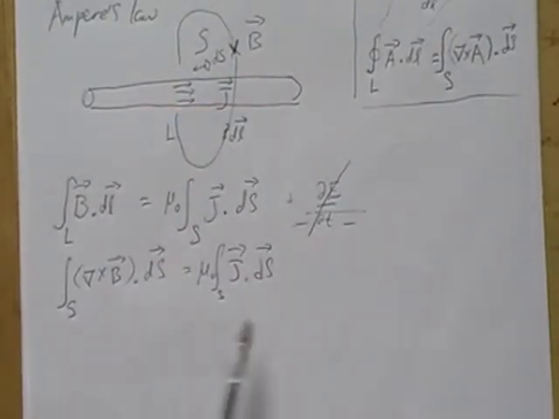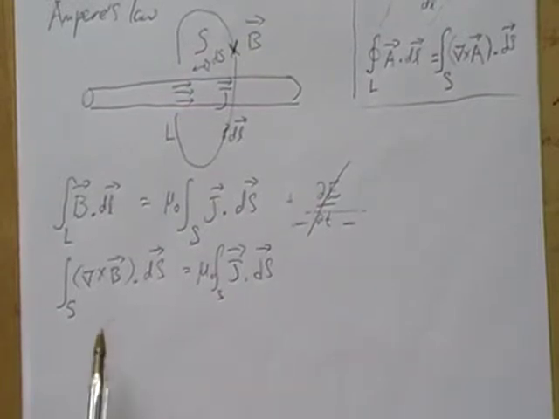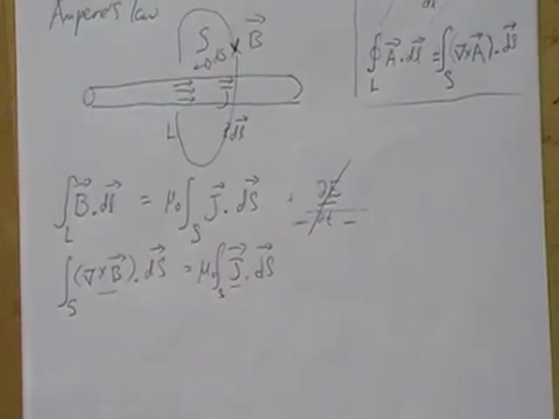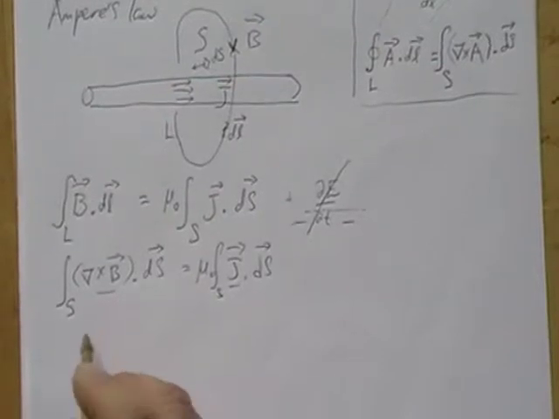So since this is true for any surface or loop, the integrand, the thing inside the integral, on the two sides has to be equal.